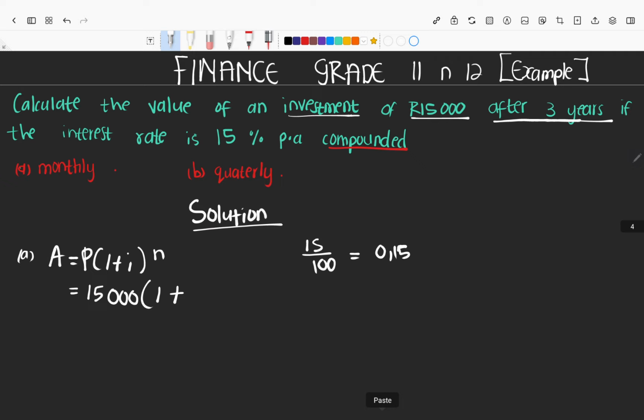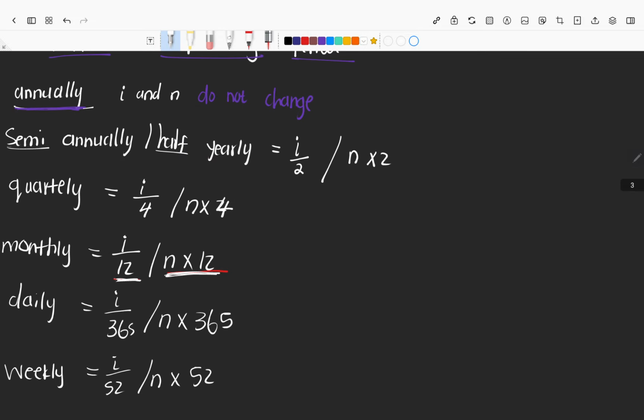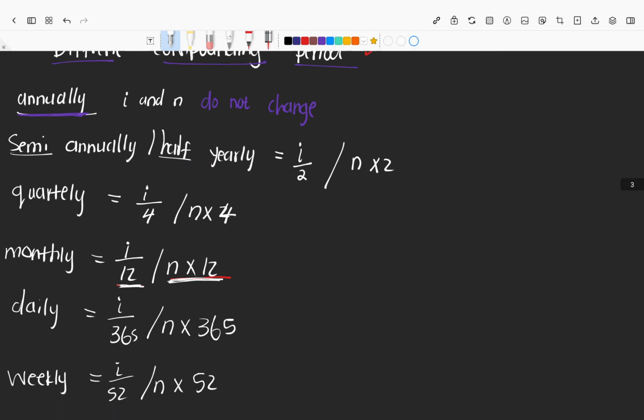Remember, i and n, you have to do simultaneously. The number of years is 3, but it's not only 3, I have to multiply it by 12. Make sure you master these things because they are really important.